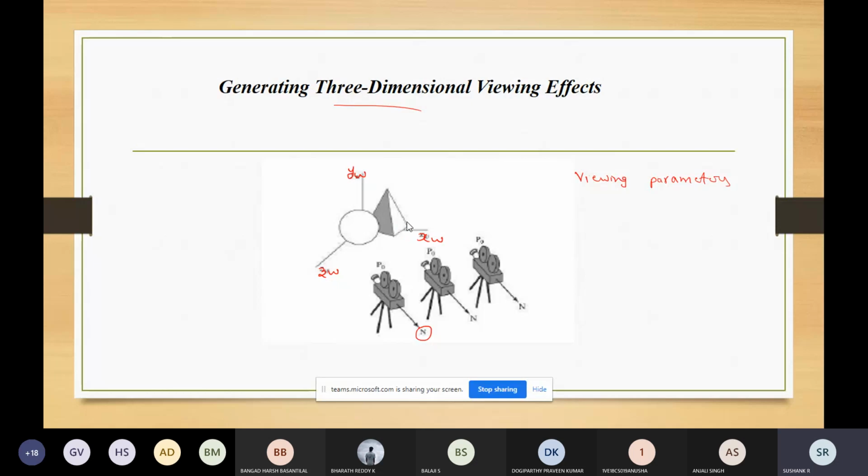For example, we studied a house example, right? The same object you can check from the front side, rear side, top side, and the left and right side. When you check from different angles and orientations, the object looks different. Like that, by changing the viewing parameters, you can get different views of an object in a scene.